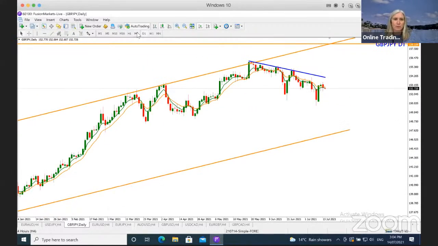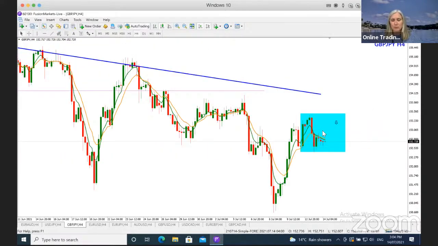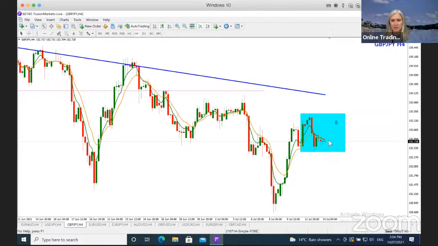So on the 4-hourly, in terms of the setup, I'm looking for the price to be a little bit higher up. I'd like it to be close possibly to this trend line. But anything in this area, if there would be a really good reversal, then I would look for a short opportunity, which could happen tonight, next couple of bars. So keep an eye out for that.